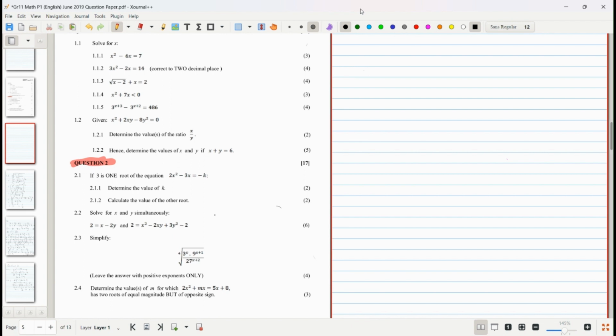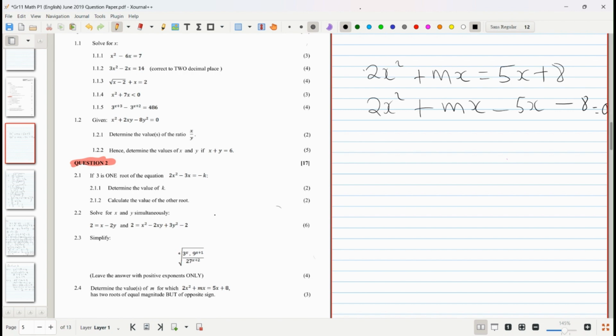We have 2x squared plus mx equals 5x plus 8. So let's write it in standard form. We'll have 2x squared plus mx minus 5x minus 8, all equal to 0.